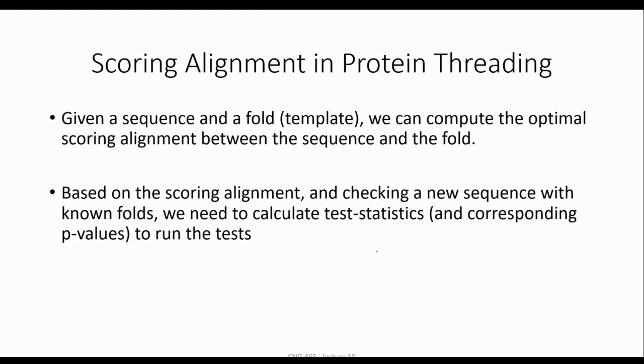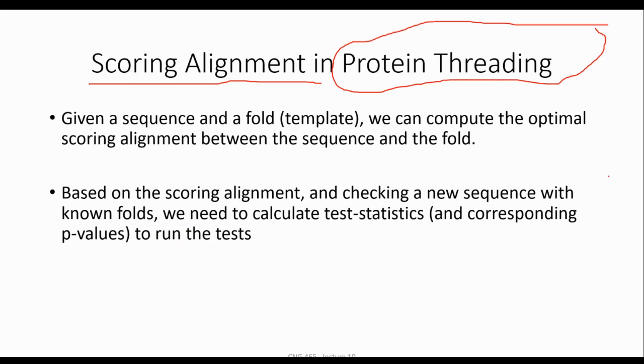Now, for scoring alignment in protein threading, we have the same scoring alignment and measurements as well. It's not just for comparing sequences together. So what we do here: given a sequence and a fold, what do I mean by fold?